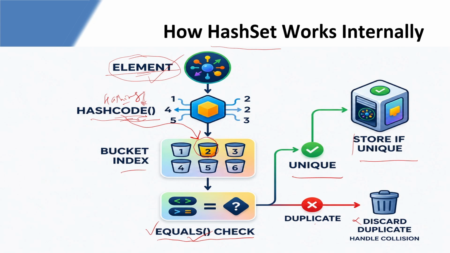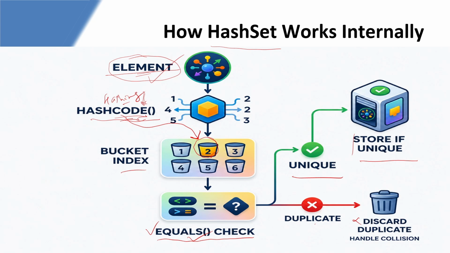So I will give you a brief. Whenever an element is added to a HashSet, Java first calls the hashCode method. Why the hashCode method? To determine the bucket location. And if another element already exists in that bucket, Java uses the equals method. Why does it use the equals method?